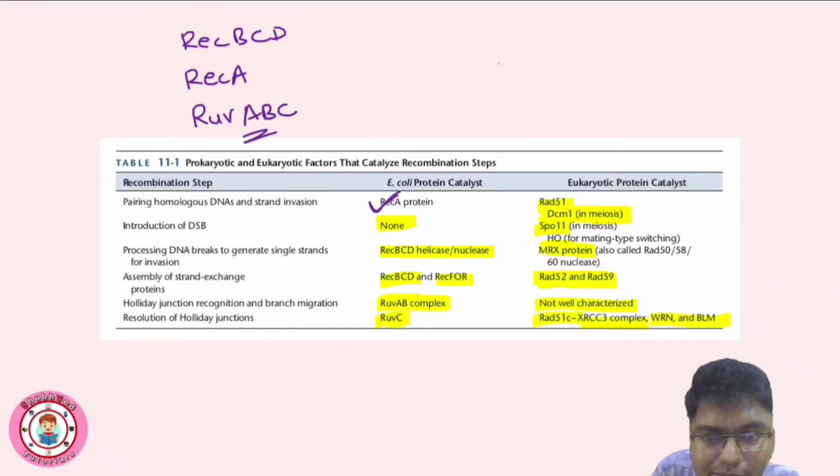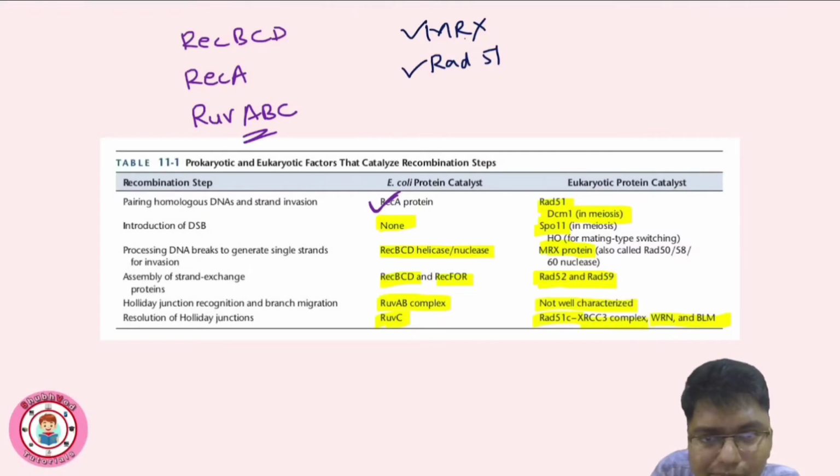These proteins are important. And in eukaryotes, the RecBCD homolog is the MRX protein. Then the RecA homolog is RAD51, and RuvABC is not well characterized. We will see this with the help of diagrams.